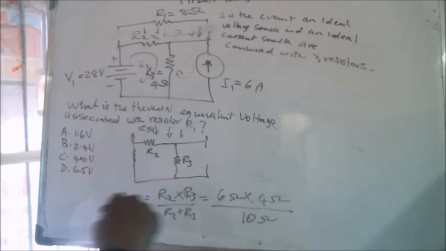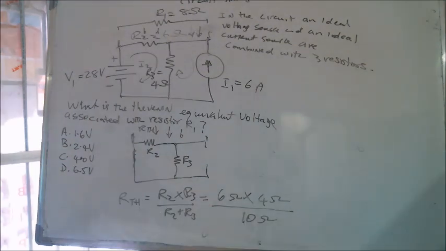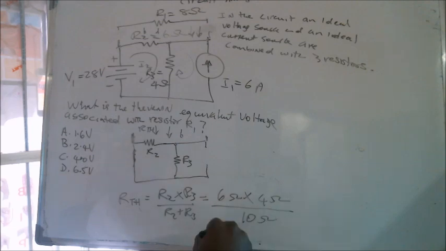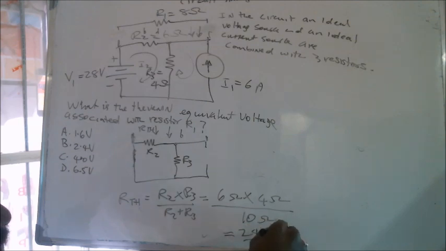Note, we could also do it with the inverse of the resistances to find the total resistance, but it's easier to do product over sum in this case. So this works out to be 6 times 4, 24, over 10, which is 2.4 ohms.